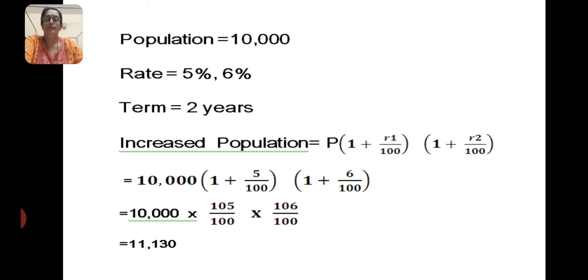So the formula will be P in the bracket 1 plus R1 upon 100 and 1 plus R2 upon 100. So R1 is the first year's rate, R2 will be the second year's rate. So put the values, first 5 upon 100, second is 6 upon 100. That gives you 11,130 rupees. 11,130 is the population of that particular town after 2 years.